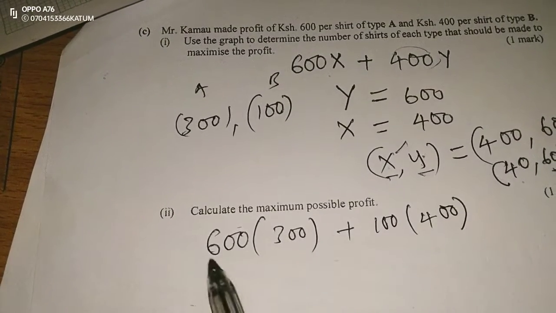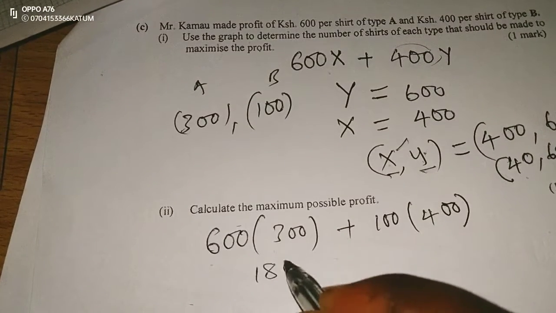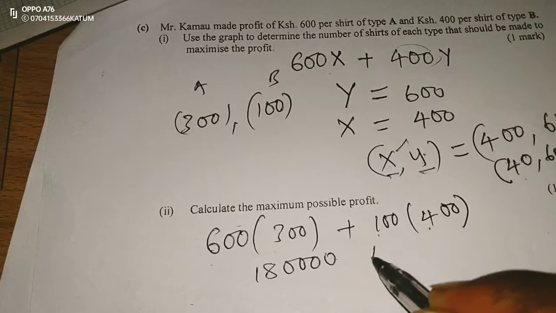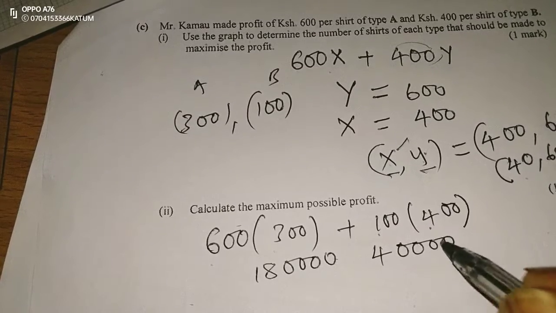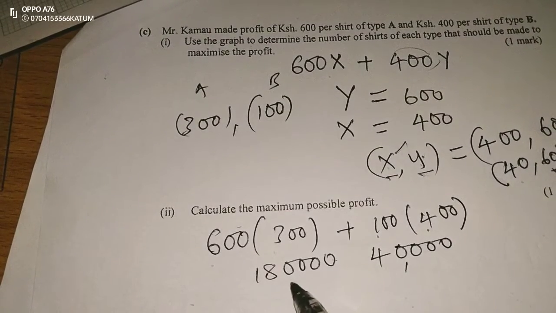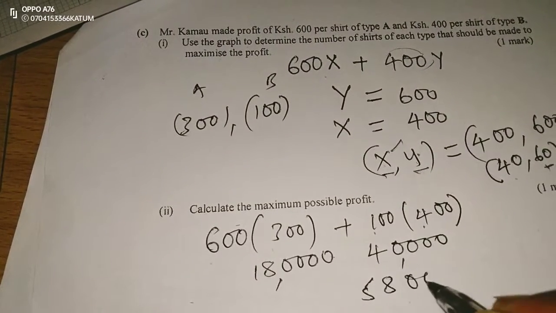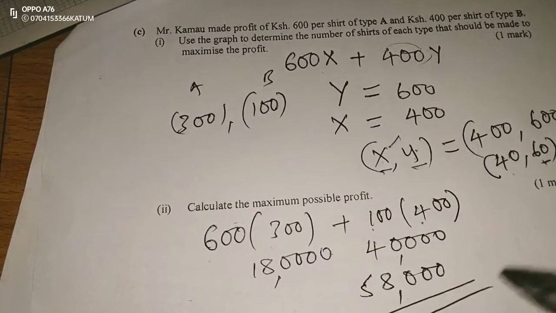So we're going to get 180,000 plus 40,000. Therefore, this is going to give us 220,000 as the maximum profit.